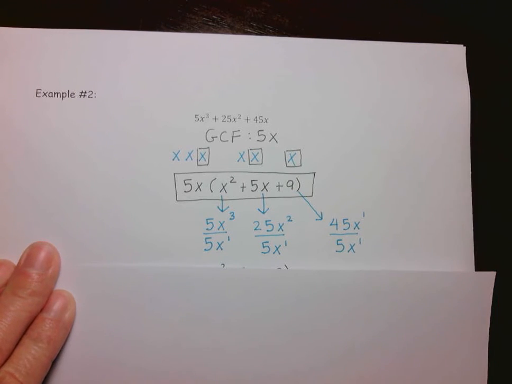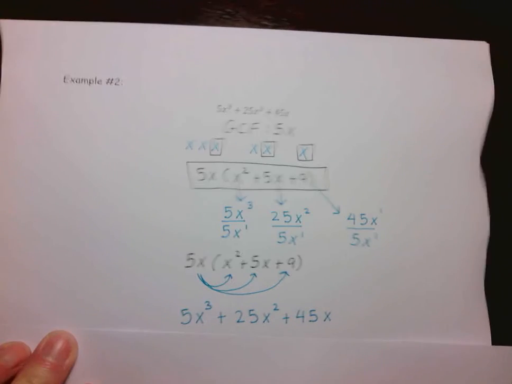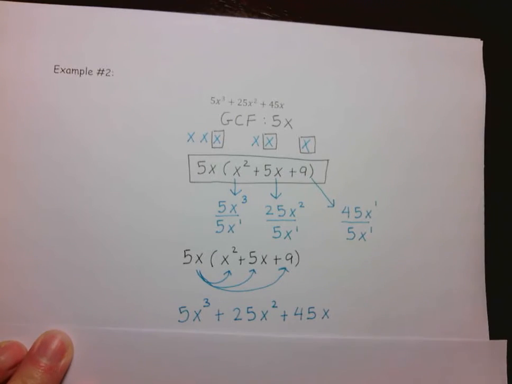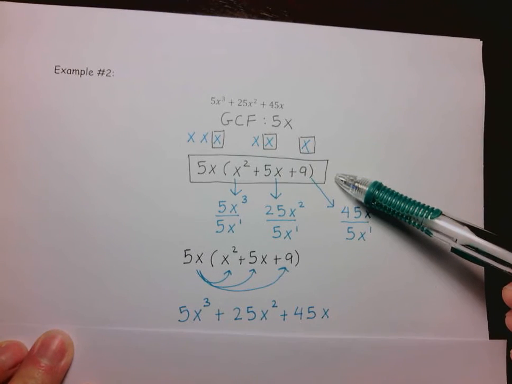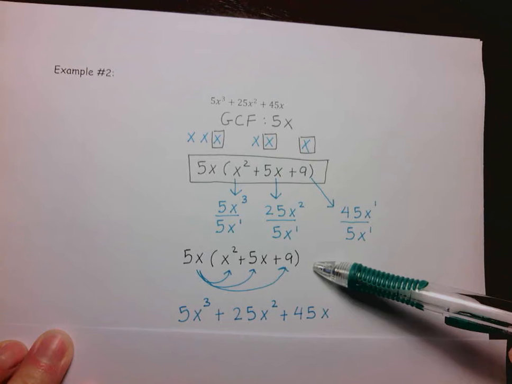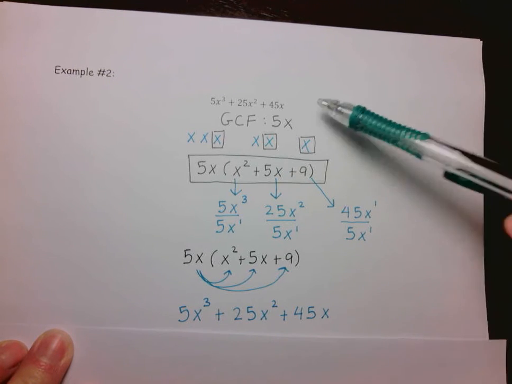So how do I prove that? We divided out the greatest common factor here, so multiply it back in. Once you multiply it back in, you should get the same trinomial that you began with.